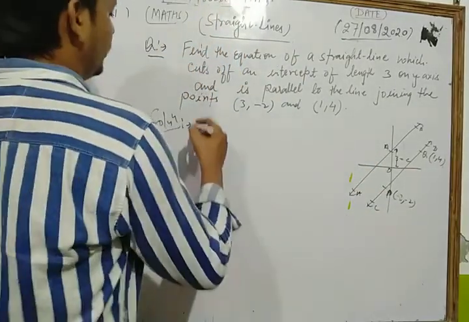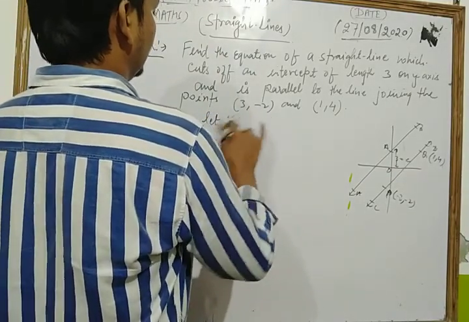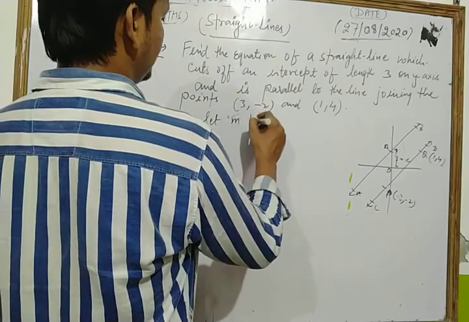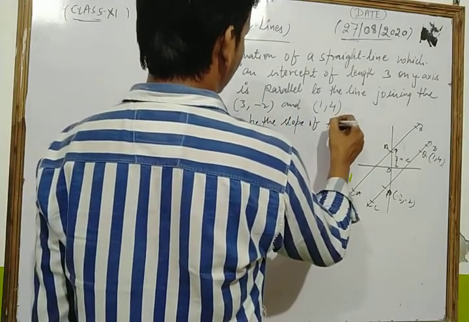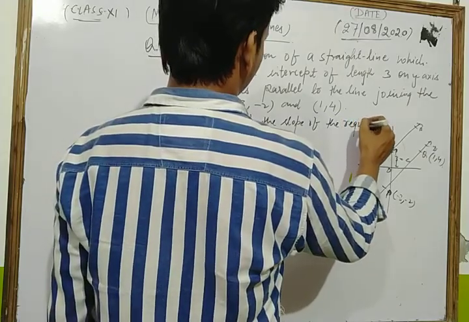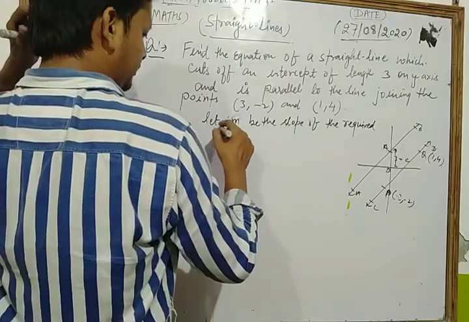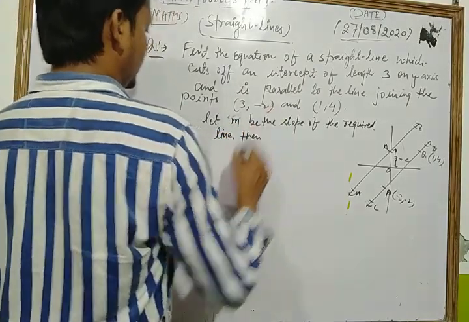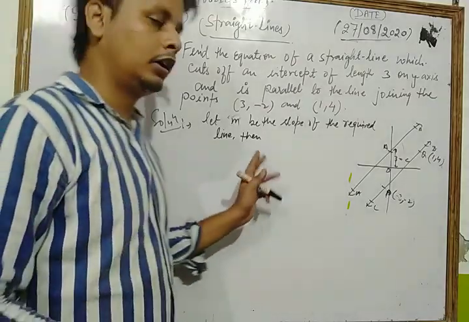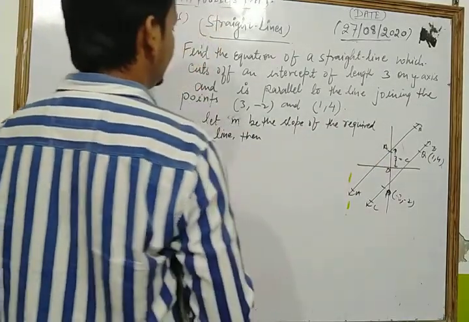Let us consider first, let m be the slope of the required line. First of all, we take m as the slope of the required line. Then, dear student, let m be the slope of the required line.